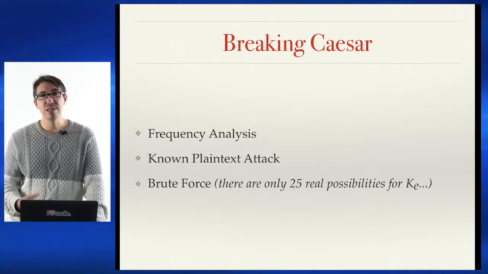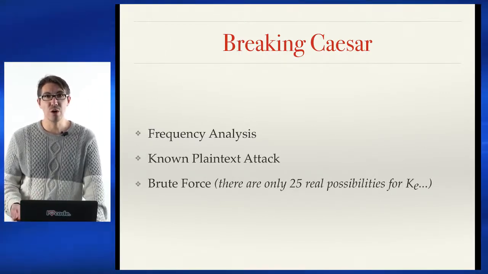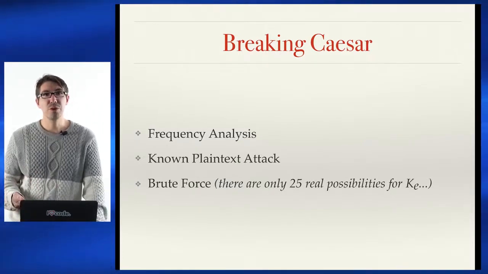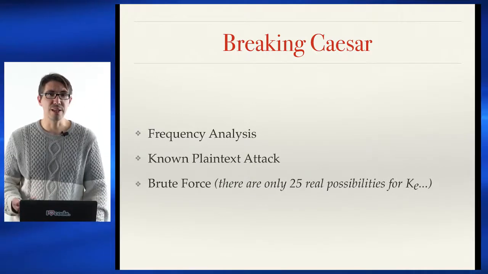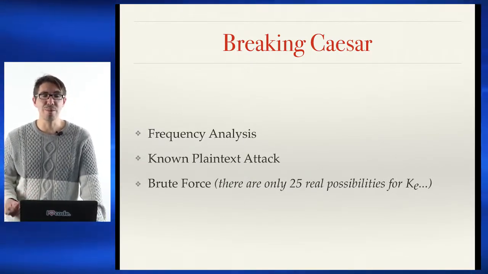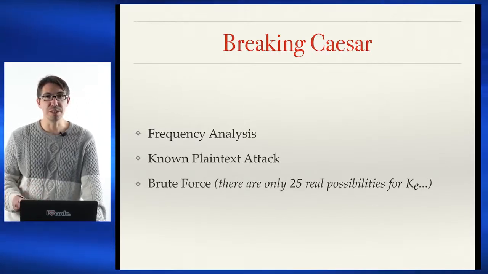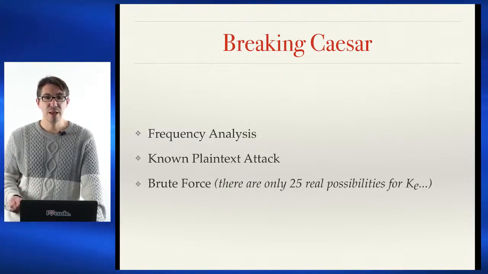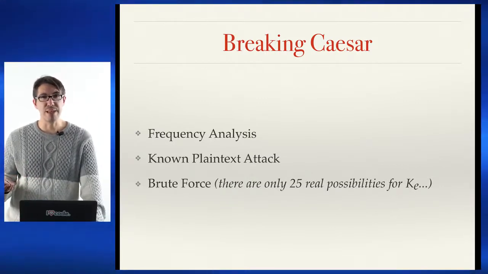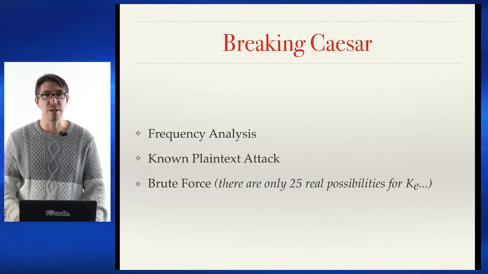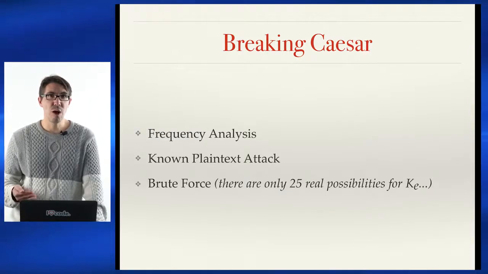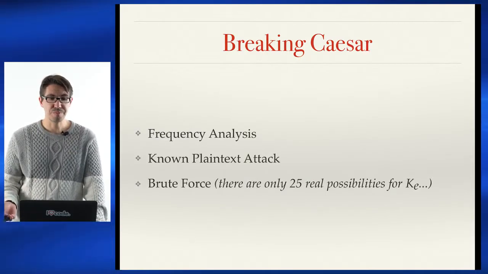That is, if we assume it's in the English language, we know, for example, that E is the most common letter. So if we look through all of the ciphertext and look for what is the most common letter, and make an assumption that it's E, or perhaps one of the other very commonly used letters in the English alphabet, and then the second most common letter in our ciphertext corresponds to the second most common letter, we often can make very educated guesses as to what the original plain text was.